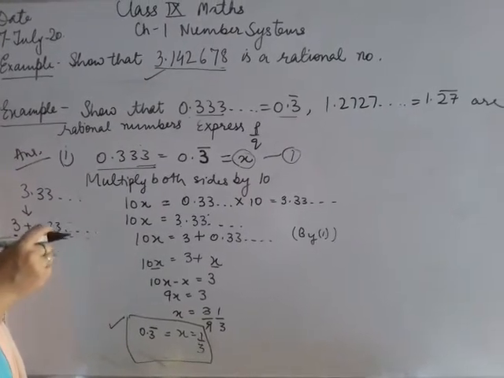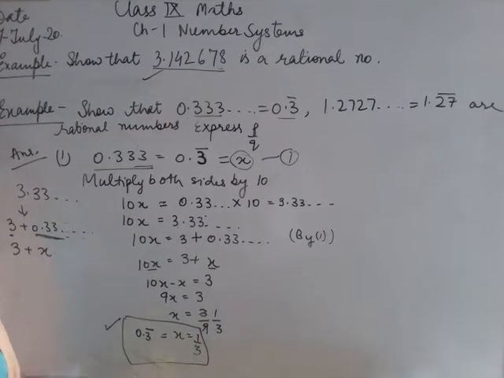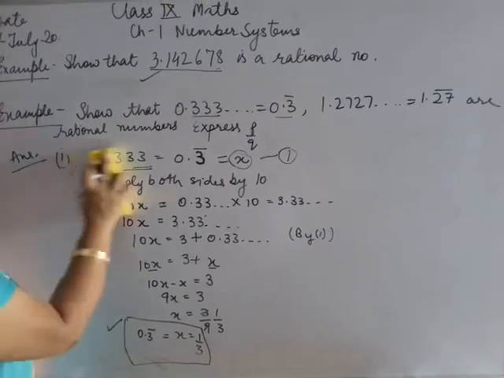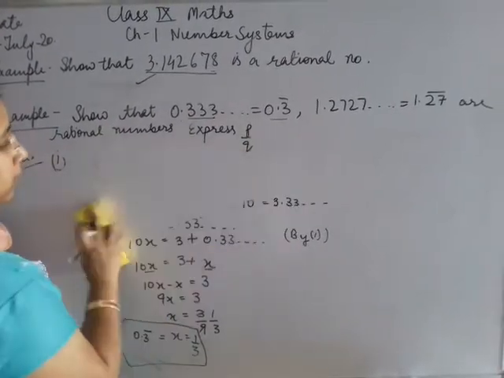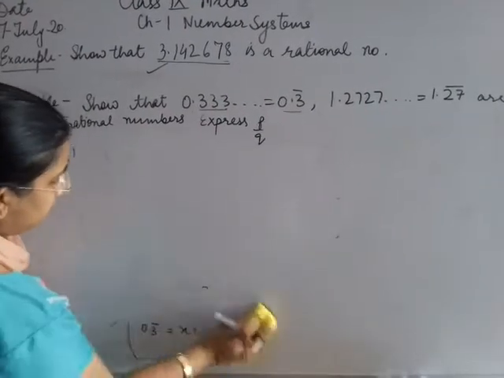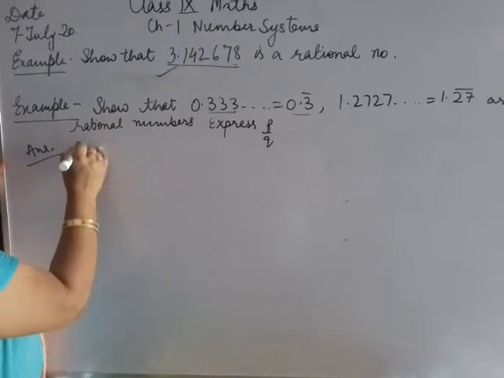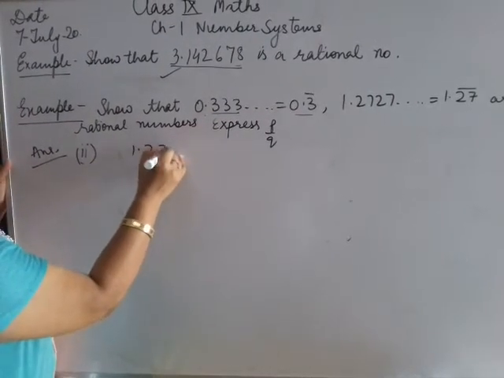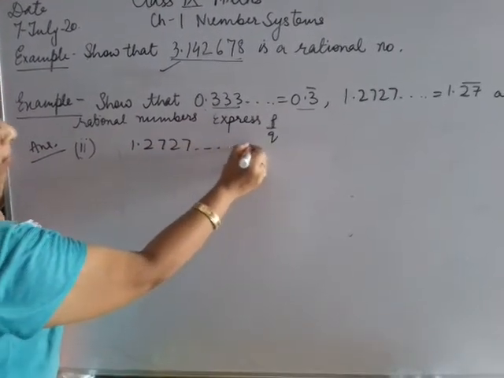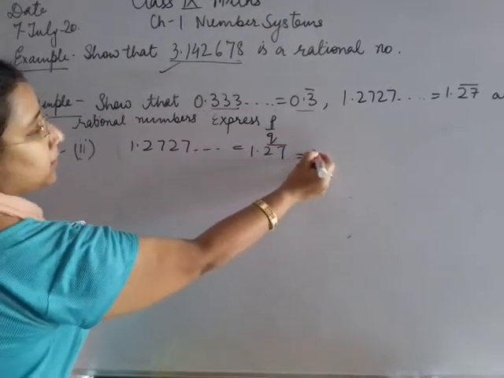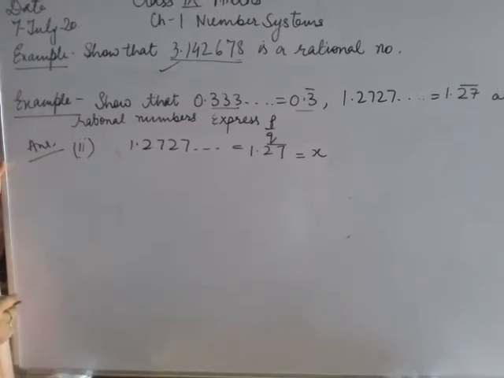Similarly, we will do the same process for the second part also. The second part is 1.2727, which is equal to 1.27 bar. Okay. Let us assume this is equal to x.